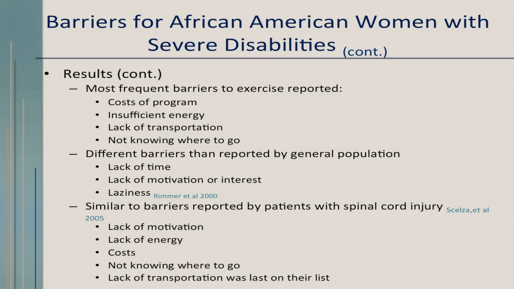However, the barriers that these women reported were similar to that reported by patients with spinal cord injury, with the exception of transportation. The lack of transportation was last on their list, but the patients with spinal cord injury also reported lack of motivation, lack of energy, costs, and not knowing where to go. The transportation difference is probably due to different demographic variables.